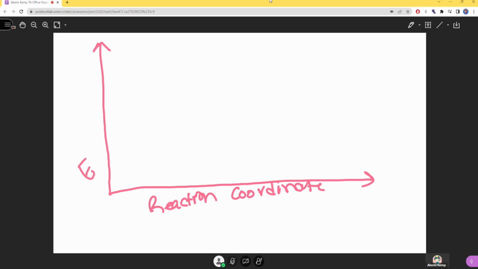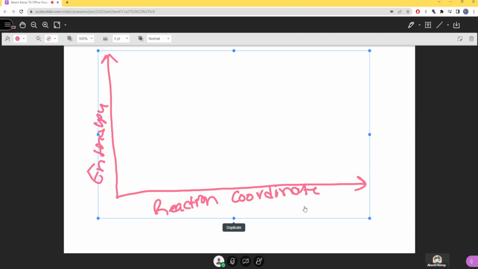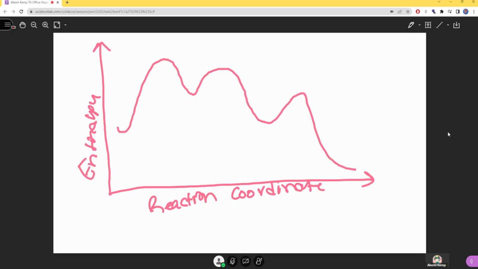And then enthalpy here. Then boom, boom, boom. I think it looked like this, then this, then here. So you had 1, 2, 3, 4, 5, 6, and then 7.